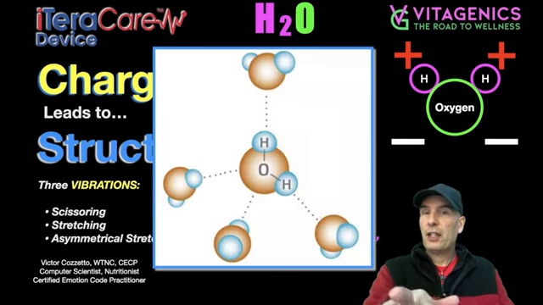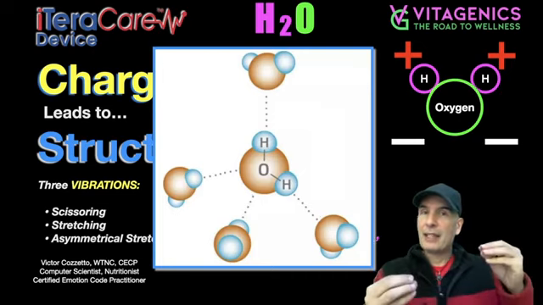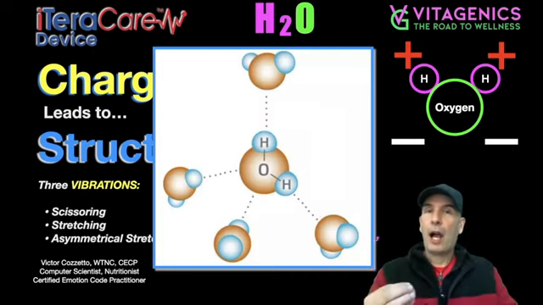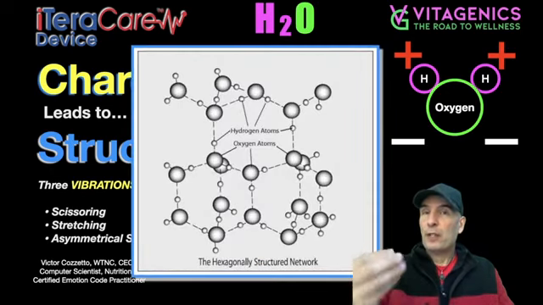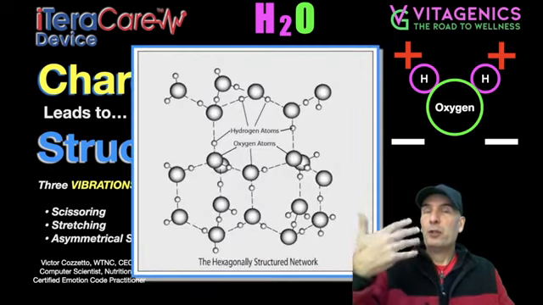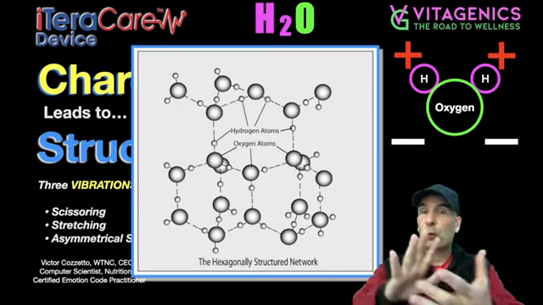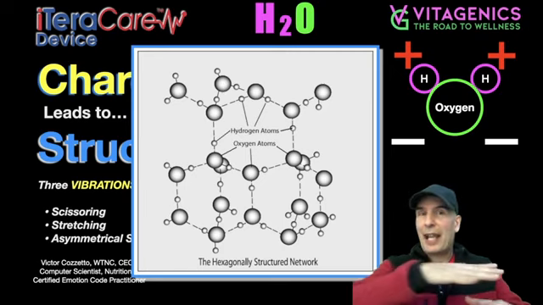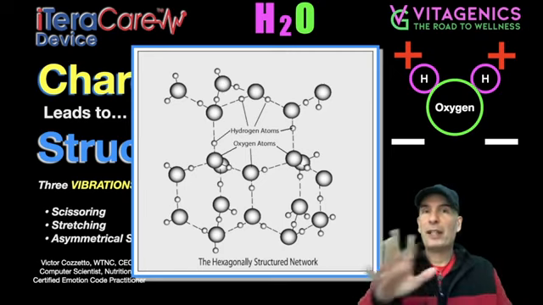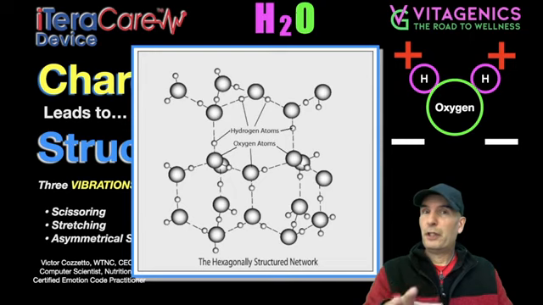And so you'll see here, you've got one water molecule surrounded by other molecules. And the positives and the negatives, they start to line up. They start to line up, and then if you give it enough charge and you keep going, you start to get these hexagonal shapes. In 3D, you start to get these hexagonal shapes and layers that are all connected. And it's a really pretty cool thing.